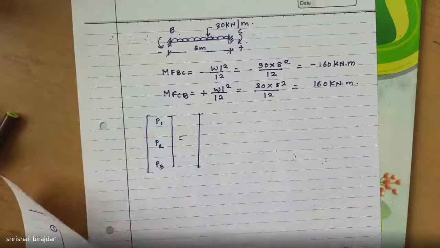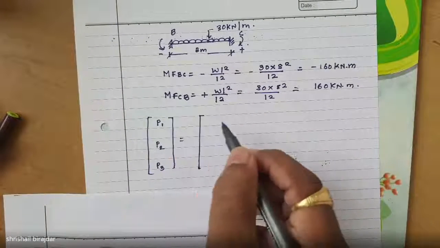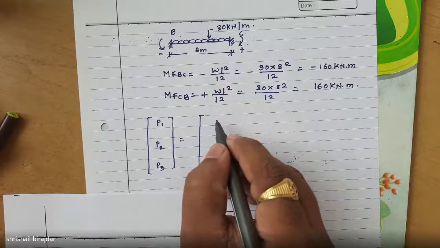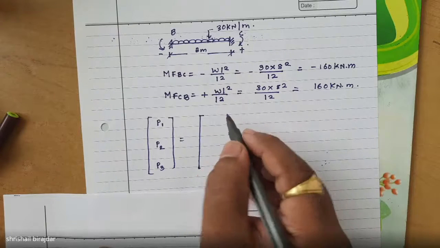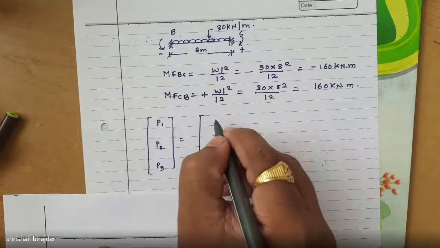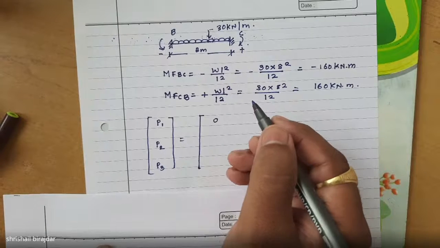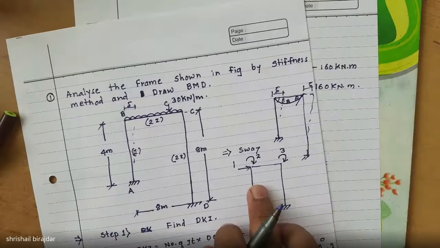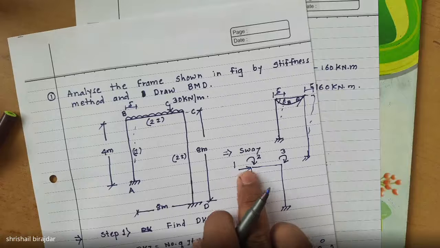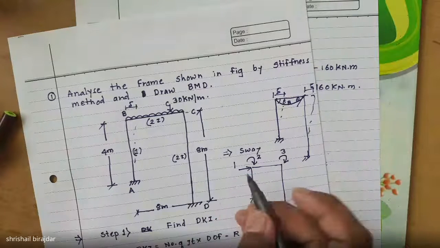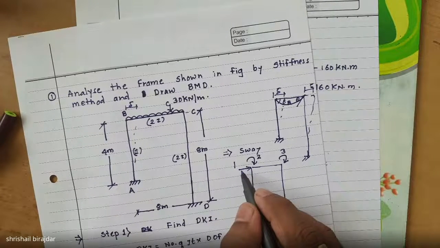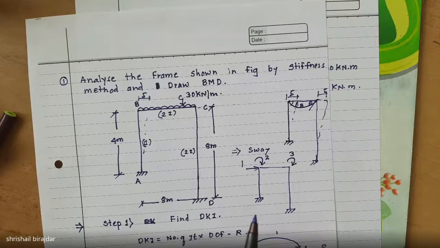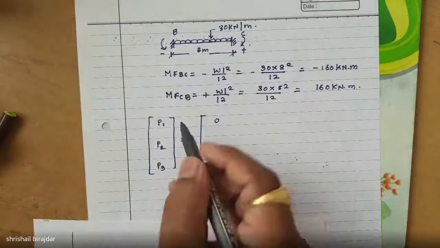So instead of this, we have to find P1, P2, and P3. Here P1 refers to this particular deflection. So you just take this as 0, because you only have to find out the fixed end moment. If you add translation here, you will not get any fixed end moment. So you just put P1 equal to 0.